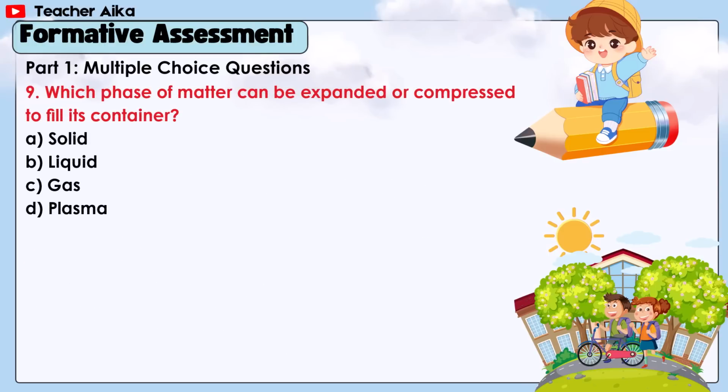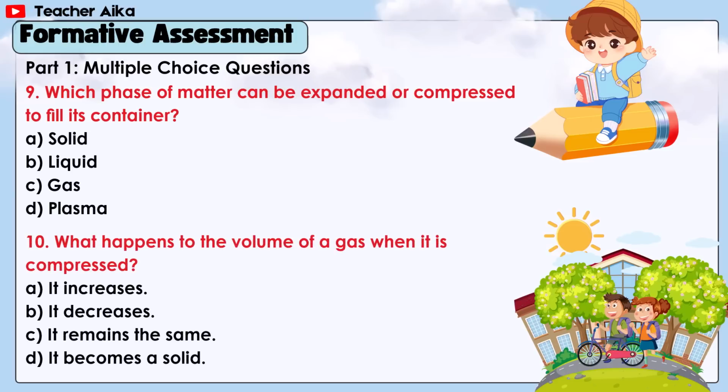Which phase of matter can be expanded or compressed to fill its container? A. Solid, B. Liquid, C. Gas, or D. Plasma? 10. What happens to the volume of a gas when it is compressed? A. It increases, B. It decreases, C. It remains the same, D. It becomes a solid.